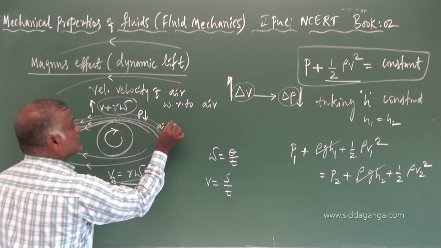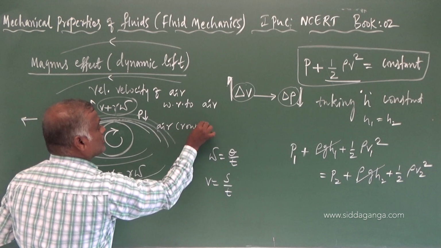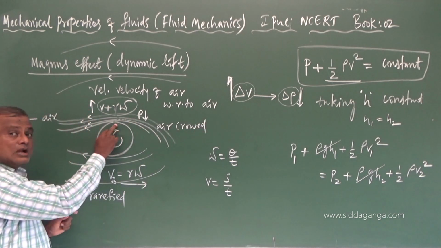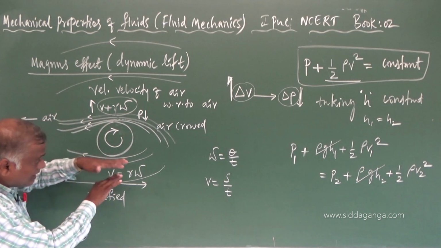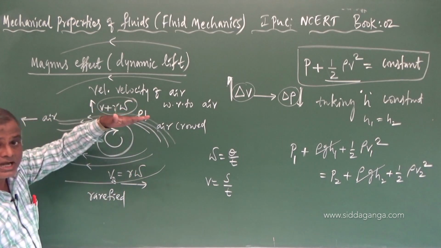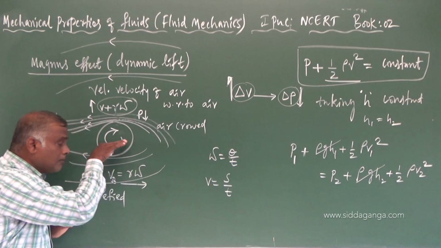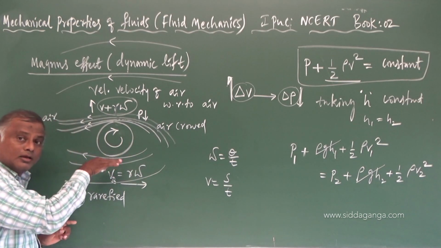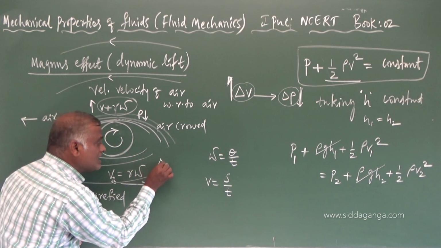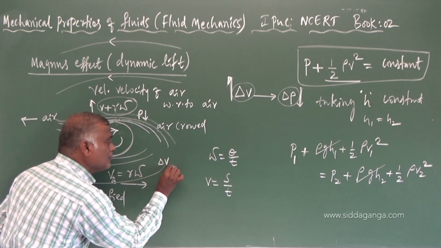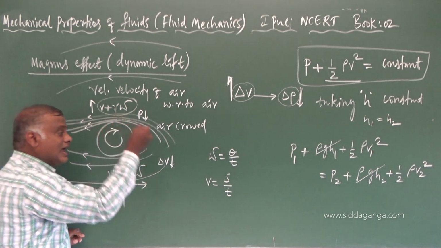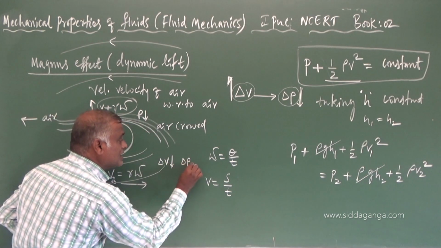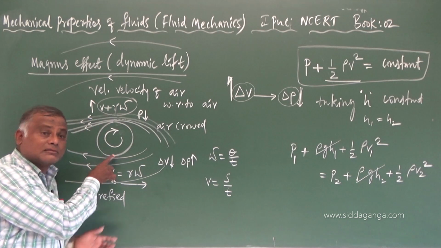Here, air layers are crowded, with more air layers in contact with the upper surface. At the bottom, rarefied means air layers are spread. Below the ball, velocity is less compared to the top surface. As a result, what happens? There is less change in pressure at the bottom.